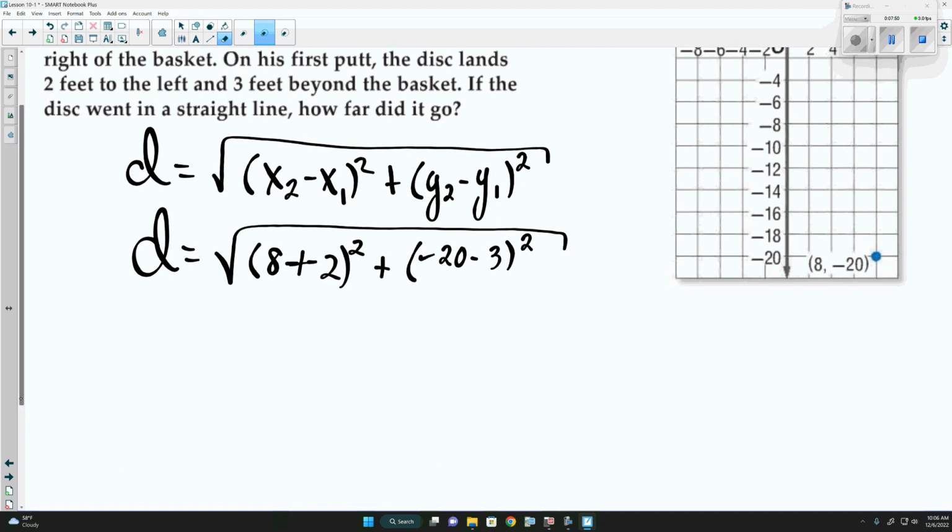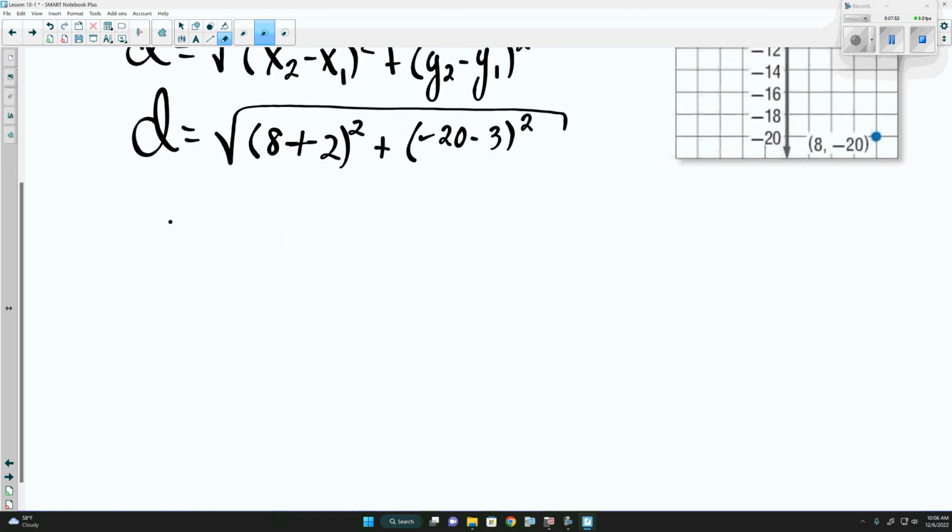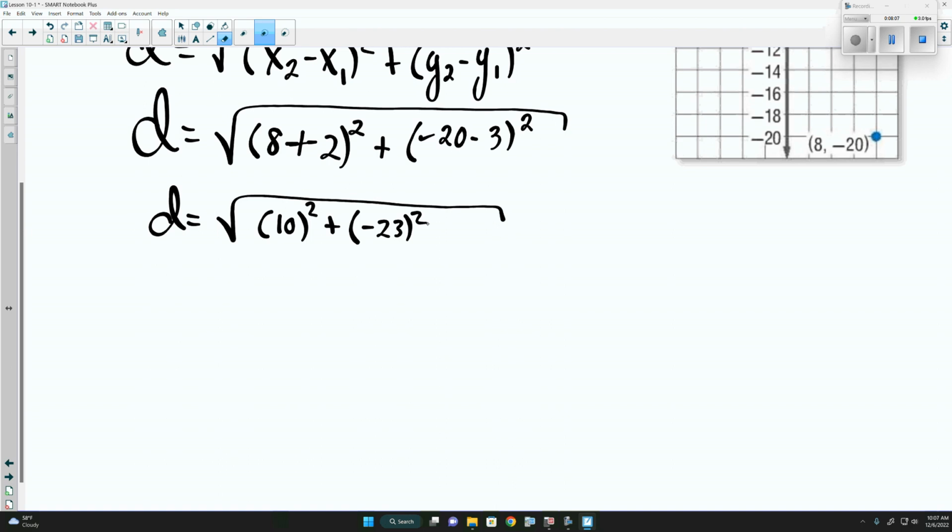Now at this point, you could type the whole thing into the calculator and it can do it for you. If we did this by hand, 8 plus 2 is 10 squared, plus negative 20 minus 3 is going to be negative 23 squared. 10 squared is 100, plus 23 squared, which is 529.